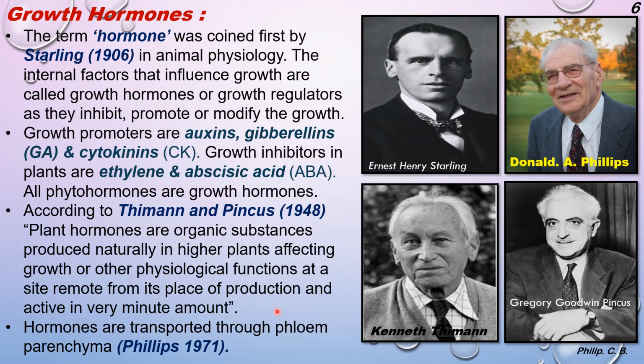They affect the growth and functioning of the plants. They may be produced at a particular site or a remote region in the plant, and they are produced in a very small quantity.